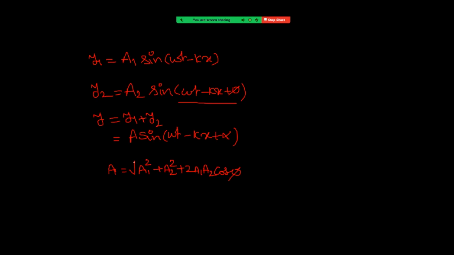So this is the result we have learned in simple harmonic motion. Same calculation. If you have any doubt how we got this, we can refer once to the superposition of two SHMs in simple harmonic motion. Right.